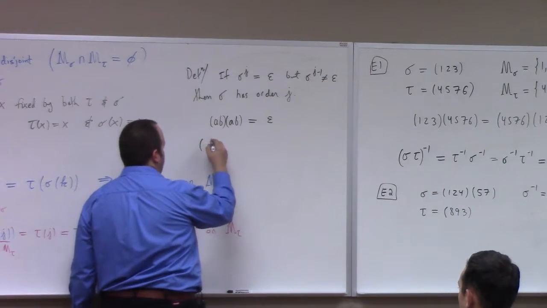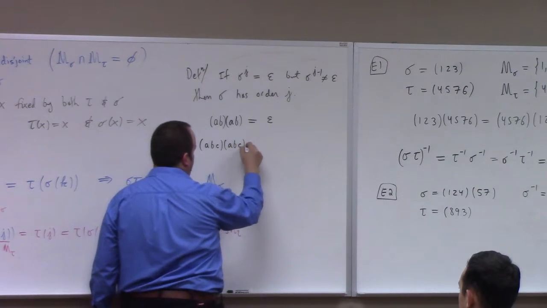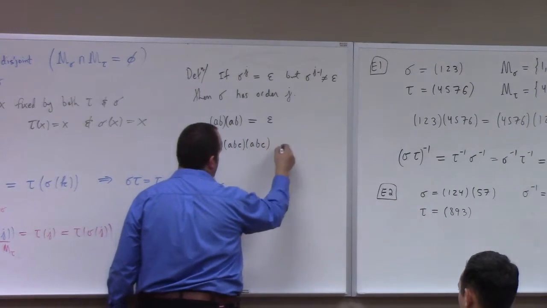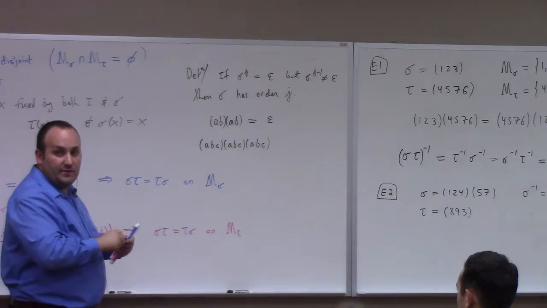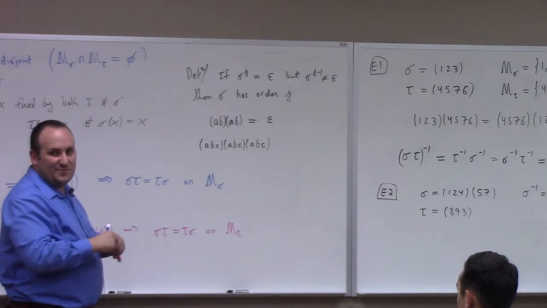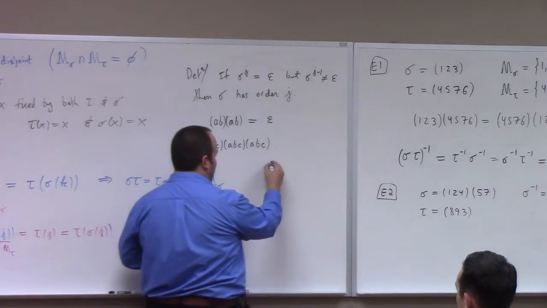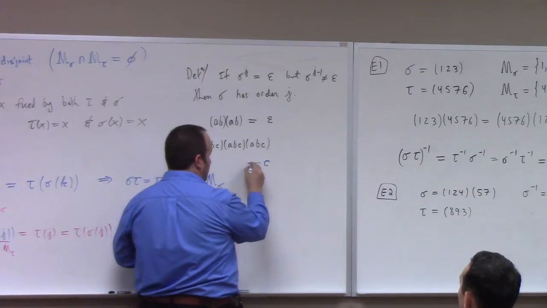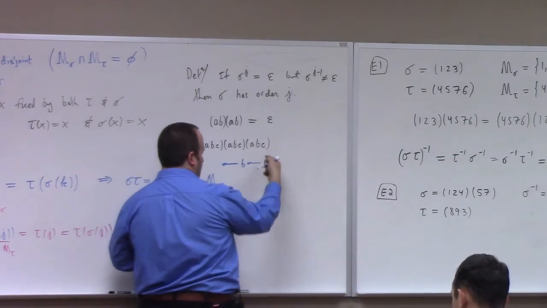What if we have something like the cycle (A B C)? It's going to be order 3. I'm going to try to explain why. So we take C, and where does C move to? It goes to B. Why did I start with C?